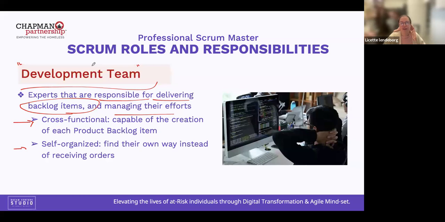So the development team is cross-functional and self-organized. Cross-functional is that we have all the capabilities, the skills, and abilities to create the increment for each product backlog item. So we know how to transform a requirement into an increment.